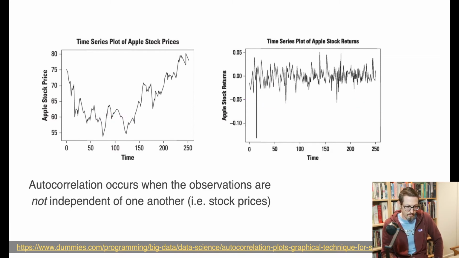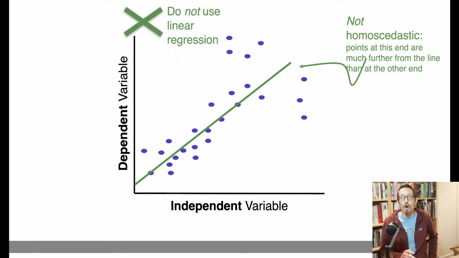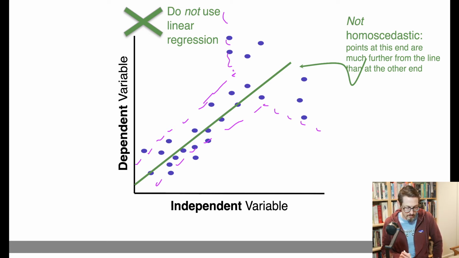All right. So homoscedasticity. Is a distribution homoscedastic? Well, what does that mean? It means this. Do you see how the variability around the line of regression is pretty much constant until you get to here? At that point, the variability blows way, way up.